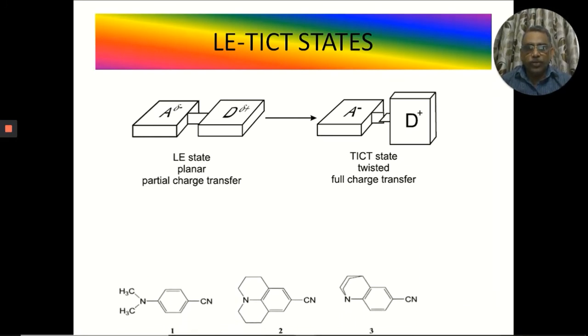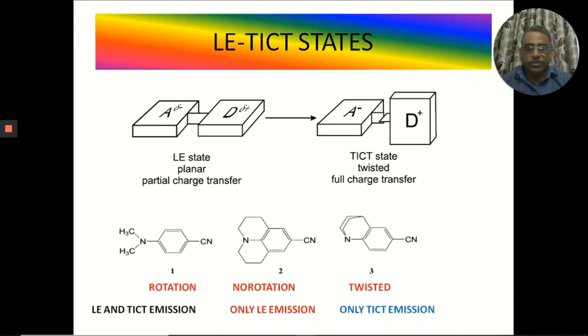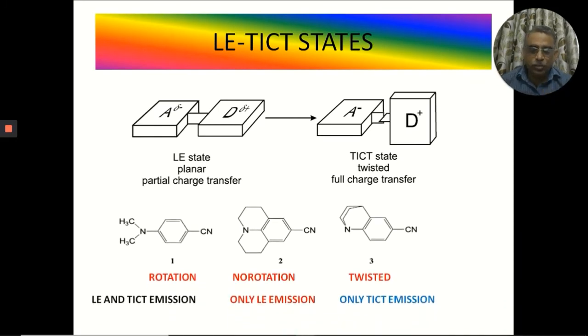Now if you look at the rotation associated with the charge transfer, in order to establish that rotation is responsible for such charge transfer behavior, new molecules have been designed, and this is the basic DMABN molecule. In this, the rotation of the nitrogen group can be frozen by introducing a proper linkage with the main ring system.